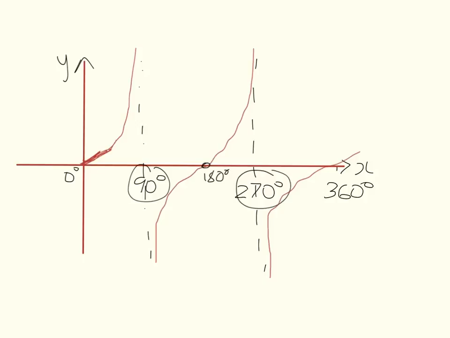Here, a complete revolution of a tan graph happens from here to here. And so the period of a tan graph is the difference between this value and this value. So the period of a tan graph is 180 degrees, whereas in the sine and cosine examples it was 360 degrees.